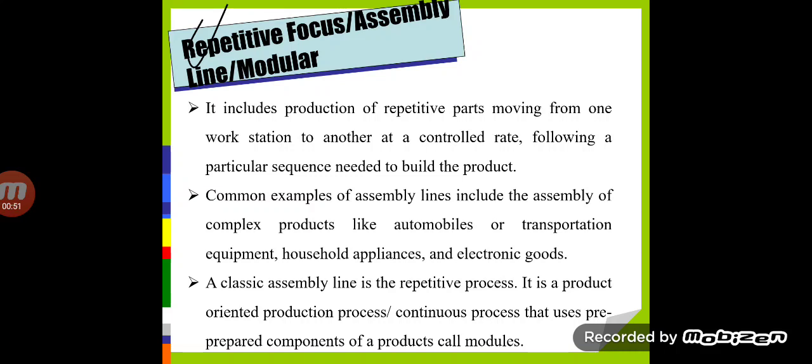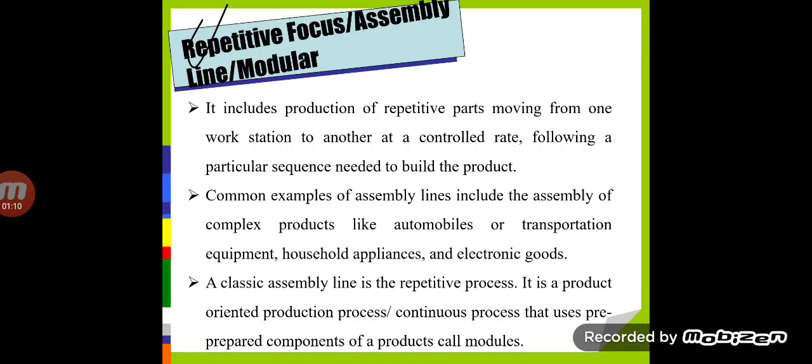Here, assembly line or repetitive focus or modular includes production of separate parts moving from one workstation to another at a controlled rate, following a particular sequence needed to build the product.